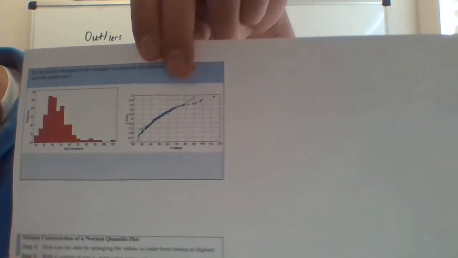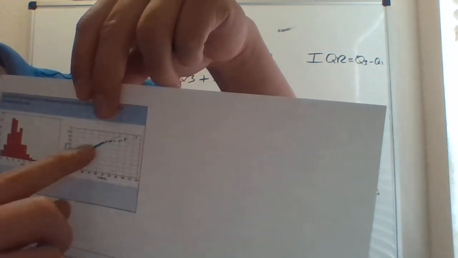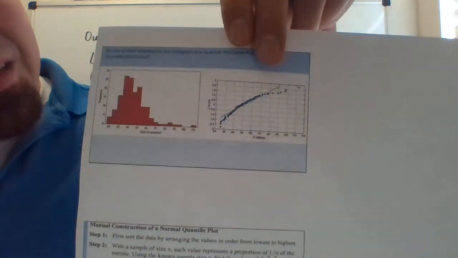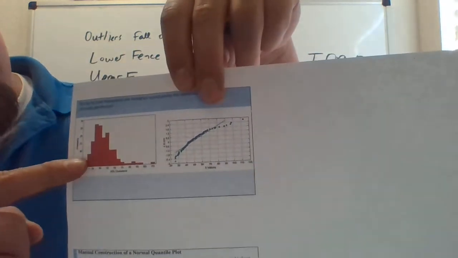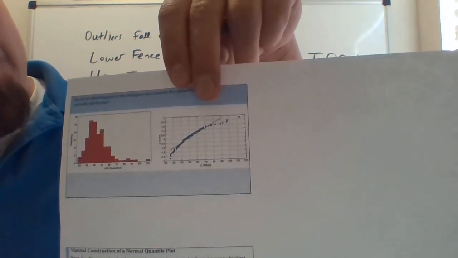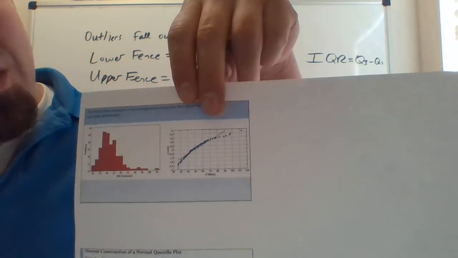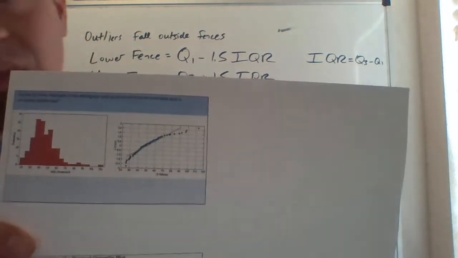So this also appears to have some systematic curve to it that is not linear. Therefore, we would determine that this original data set is not normally distributed. But again, the quantile plot helps to identify whether something is normally distributed or not.